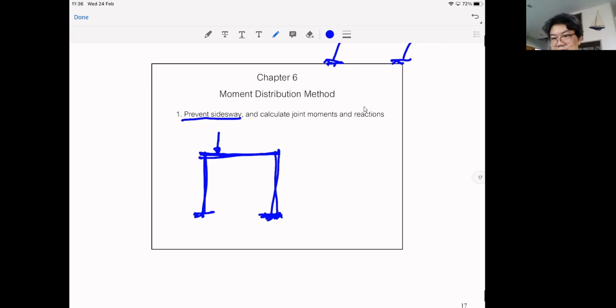That's clearly not symmetric, so this load will push your frame to the side. This load gives both fixed end moment and causes side sway.